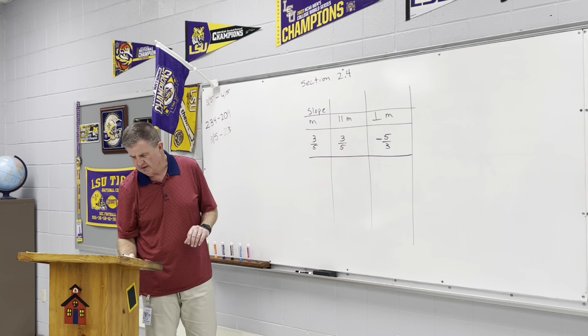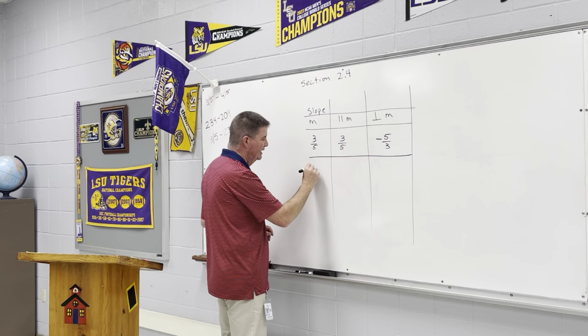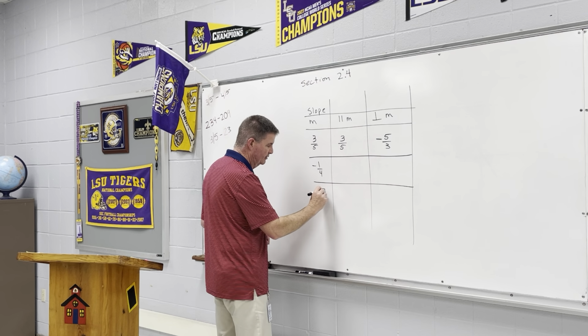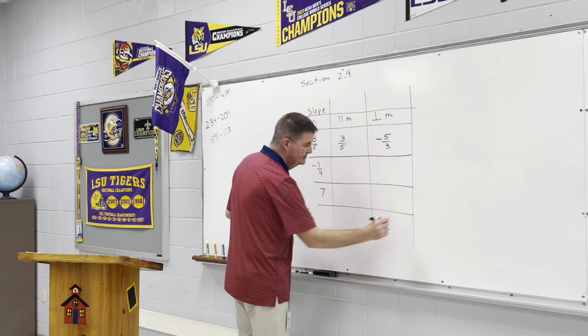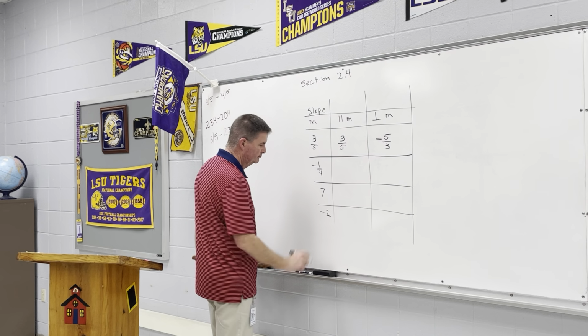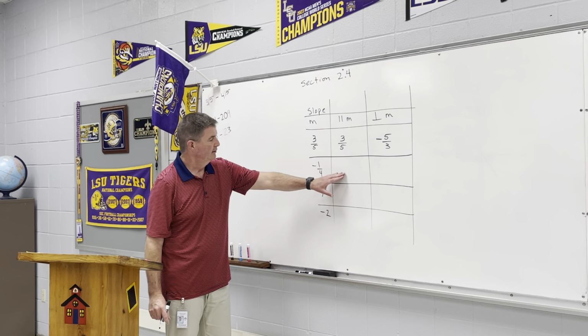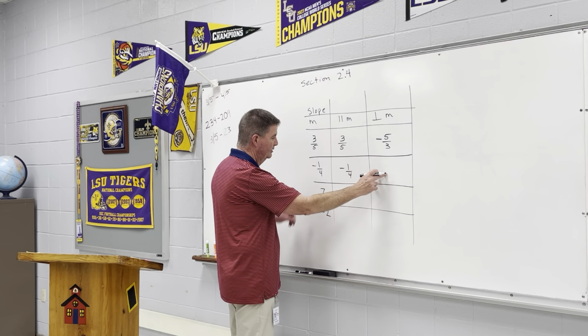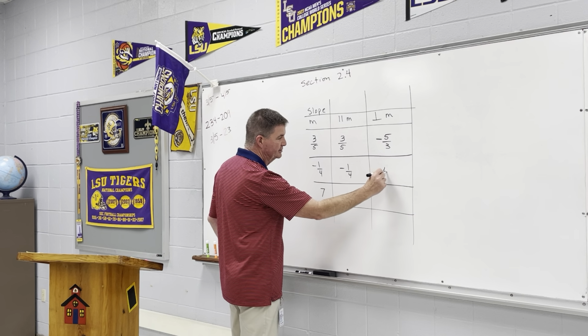Let's go ahead and fill in a couple more. Suppose I have a slope of -1/4. Suppose I have a slope of 7. And suppose I have a slope of -2. Parallel, the same, -1/4. Perpendicular, opposite reciprocals, 4.